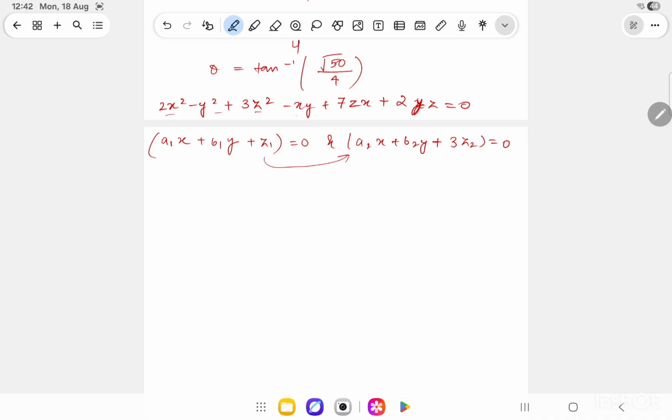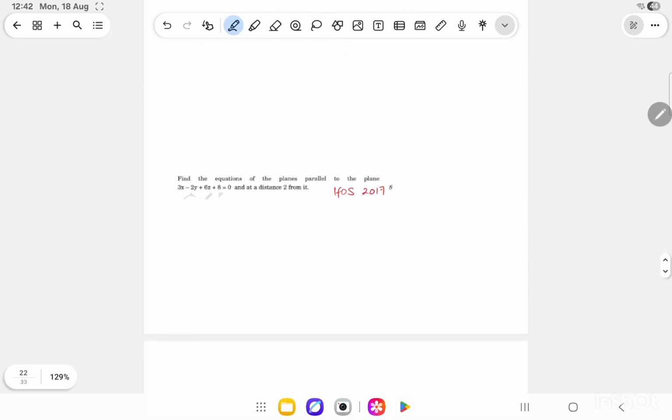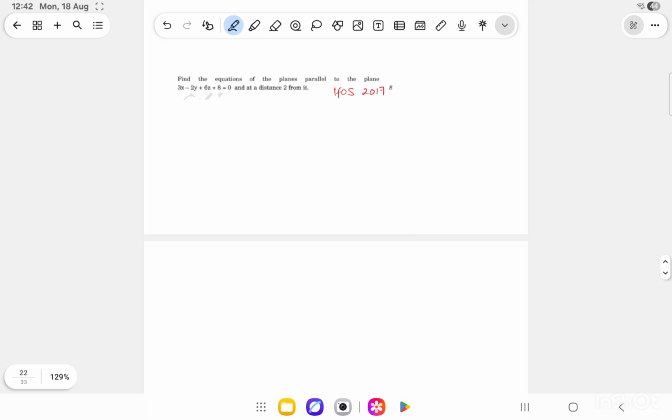So from that you can get some estimate regarding value of a1, b1, a2, b2, and then you can just use formula of calculating angle between two lines, because angle between these two planes will be same as angle between the normals to these two planes, so that you can easily calculate using the cos theta formula. So let us just move on to next question.